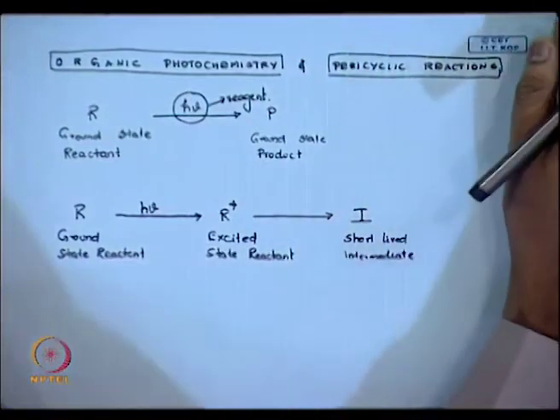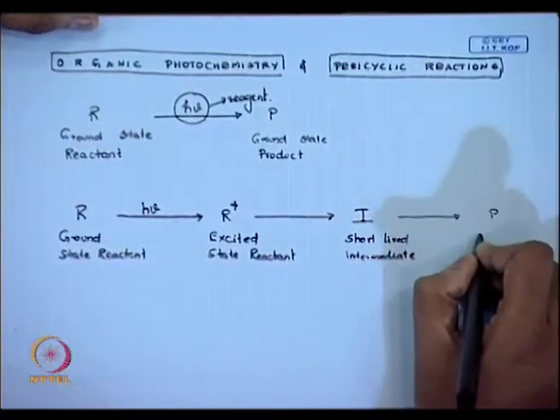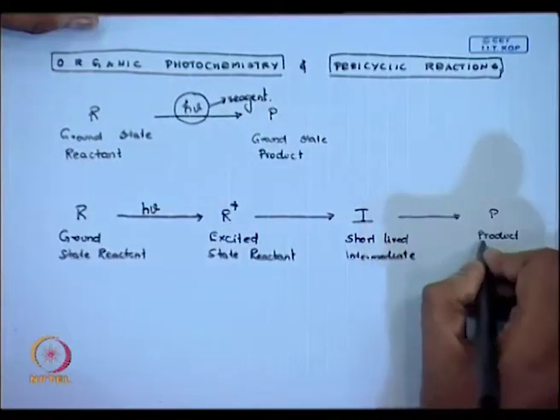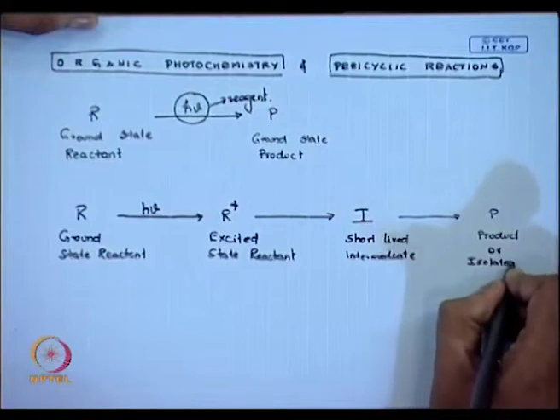The short lived intermediate can be like a carbene, or a nitrene, or diradicals, which can react very fast to give you the product P. This is a ground state product, or we can call it an isolated product. You can isolate these.